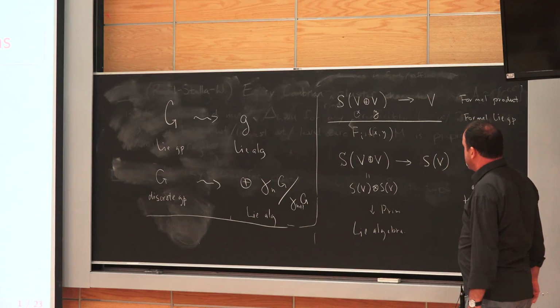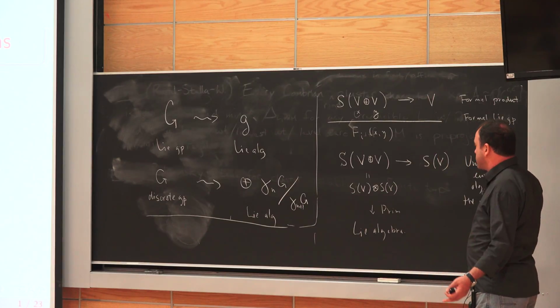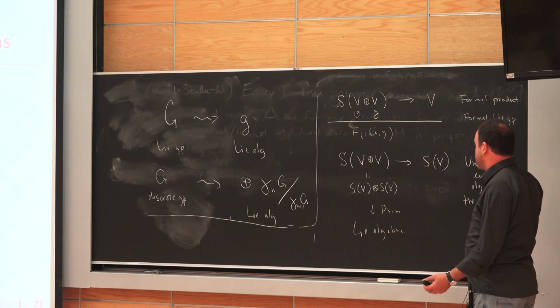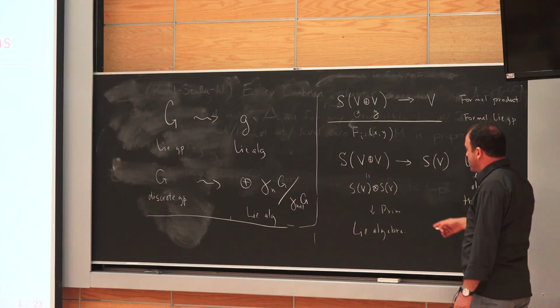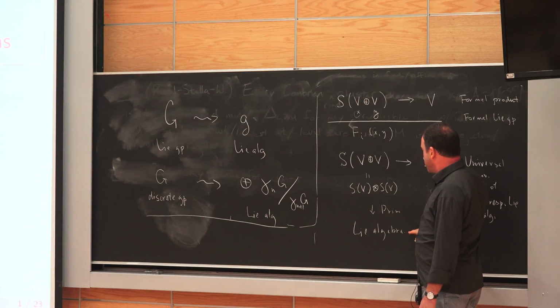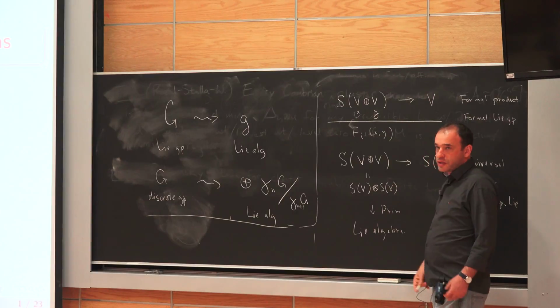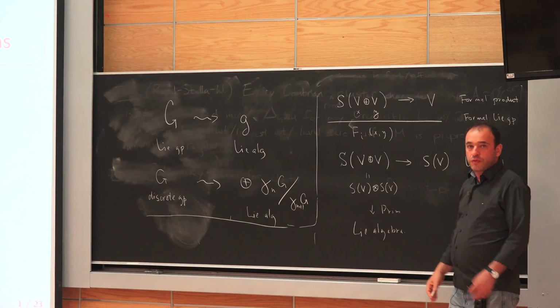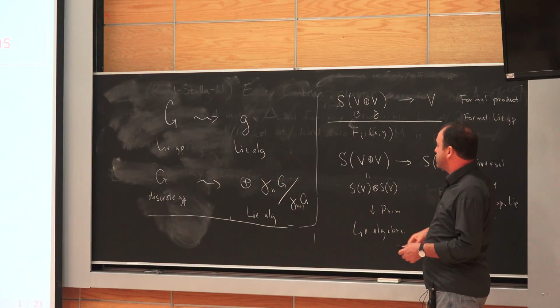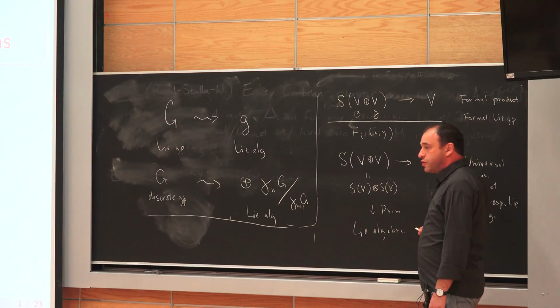So in many contexts, formal integration is just going backwards. You take your tangent structure, it's a Lie algebra or whatever unknown Lie algebra you may have.